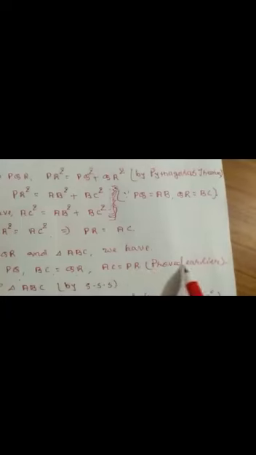And when PR equals AC is proved, then again we compare triangles ABC and PQR. Then we have all three sides equal to their corresponding sides. So when we compare these two triangles, AB equals PQ, BC equals QR, it is by the construction, and AC equals PR, which we have proved now. So by the condition of congruency SSS, triangle PQR is congruent to triangle ABC.